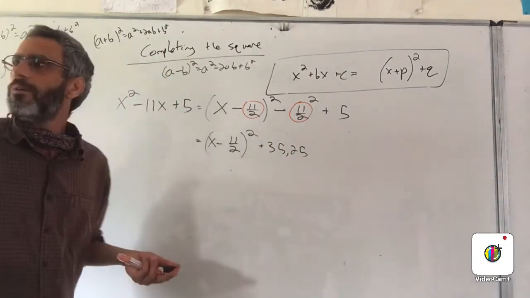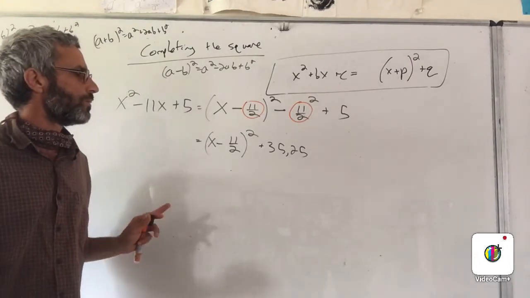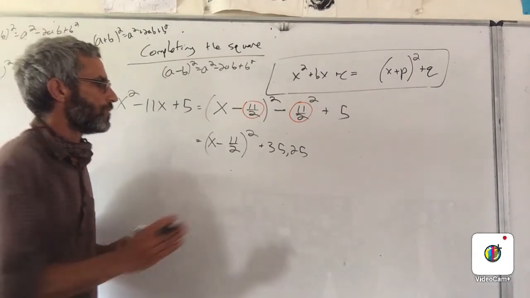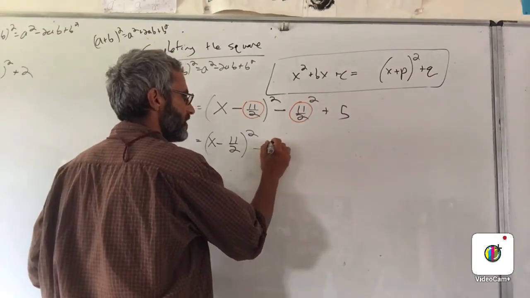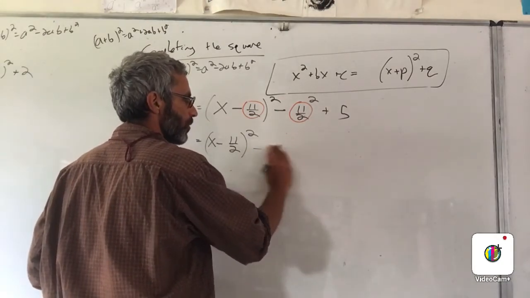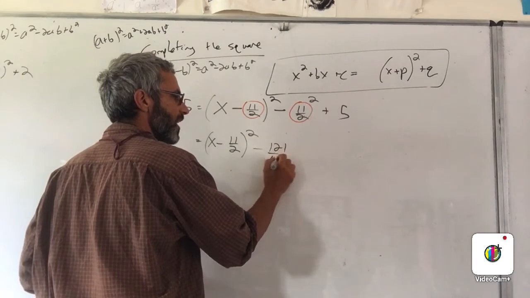But don't you put it in a bracket? It says minus, and then in brackets 11 over 2, and then squared. So what you're going to do is minus 11 squared over 4, or let's show it like this: 121 divided by 4, plus 5.